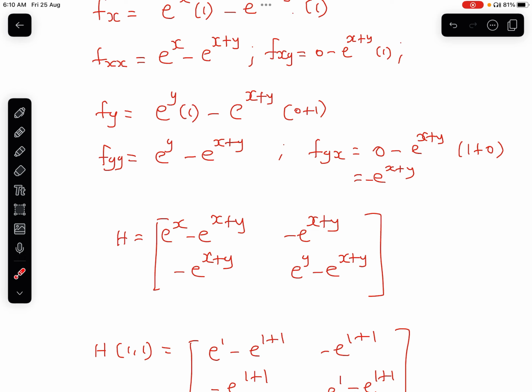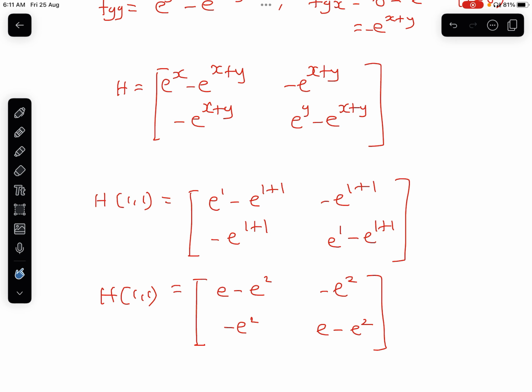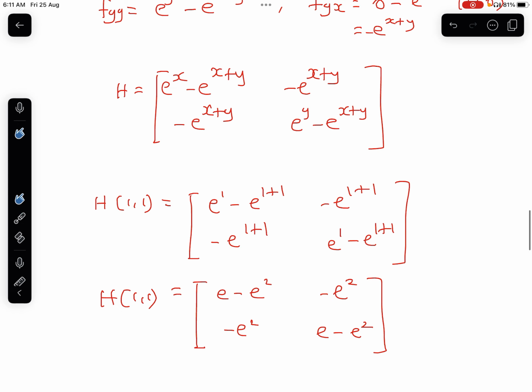Now substituting in these formulas, we will get it like this. And while substituting the coordinate point 1 comma 1 as given in the answer options, in the place of x and y, everywhere we substitute 1 and we will get the answers.